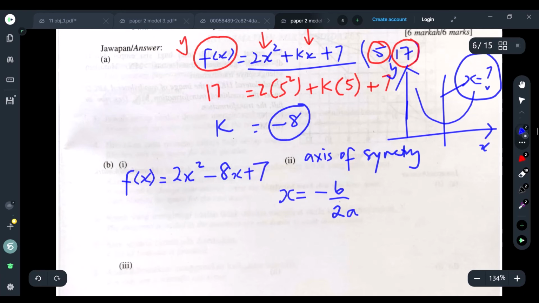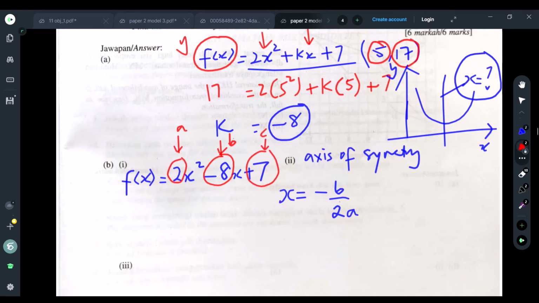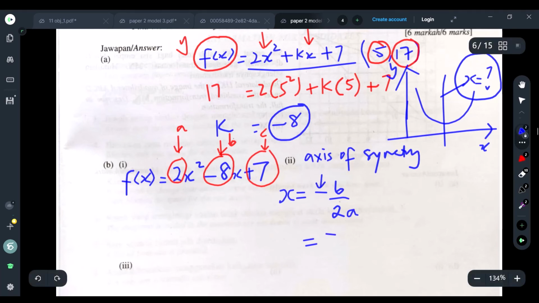So class, remember, this is your a, this is your b, and this is your c. Your b is negative 8. So this negative is the formula, and you write it back: b is negative 8, over 2 times a, and your a is 2.